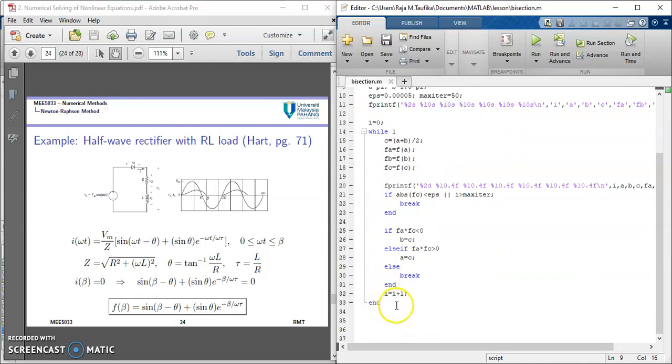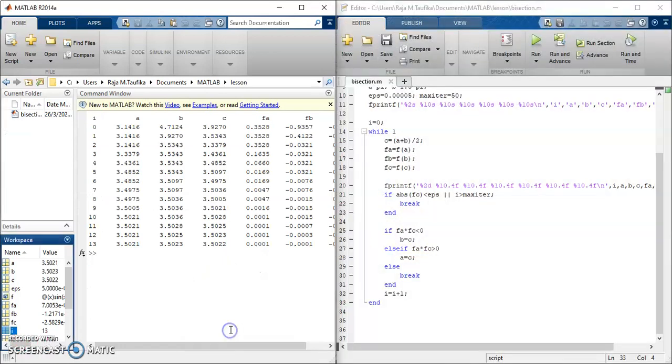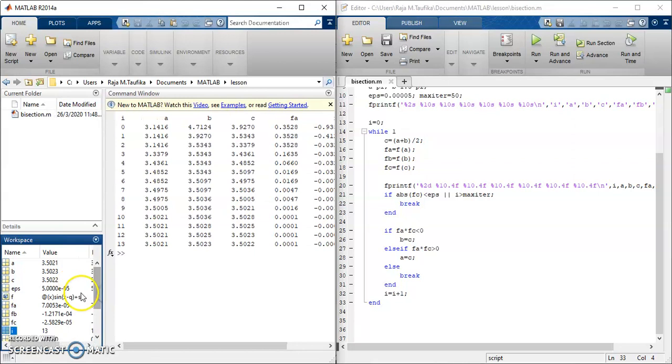But before we begin, it's better to check the Matlab workspace to see any quantity that needs to be cleared, but so far this A, B, C is not related. Epsilon and the function are still being used, and the other constants are also still being used in this Newton-Raphson.